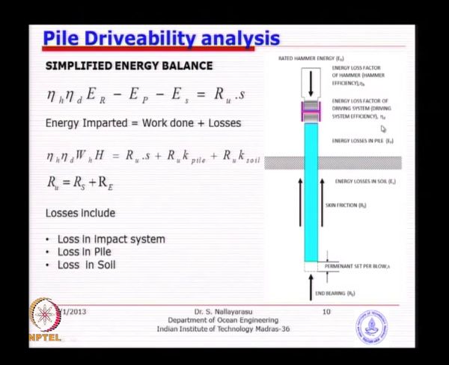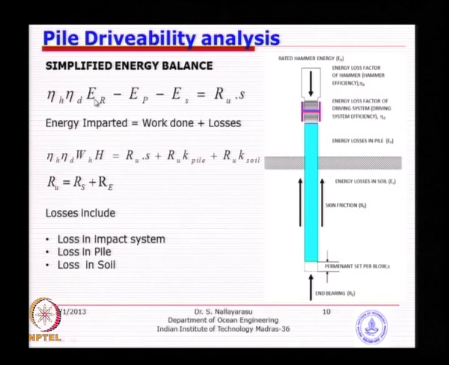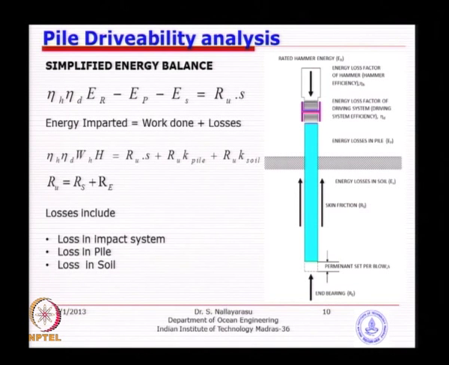So, there is a loss of energy of 5%, 10% in that system. So we call it driving system loss or driving system efficiency. You can take it as 0.9, 0.8 depending on the type of hammer. This is multiplied by the rated energy of the original manufacturer, what he has rated for a given height and weight.